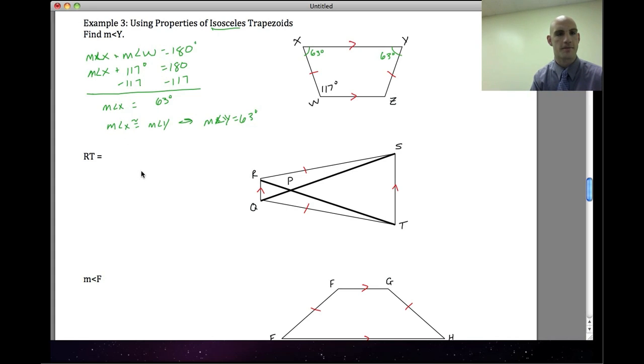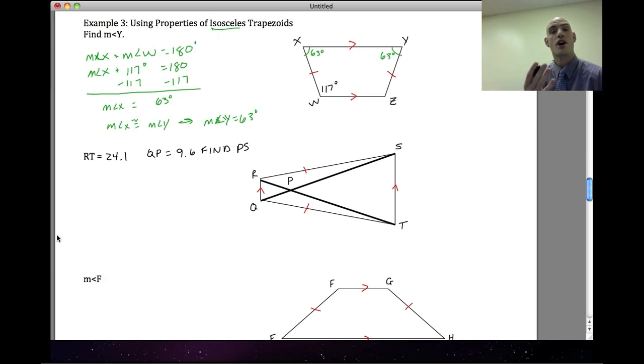Let's think about RT. We have a couple of pieces of information, and this is stuff that I'm giving you. So RT is 24.1. Okay, QP is equal to 9.6. We want to find PS. Okay, that's information that was given.